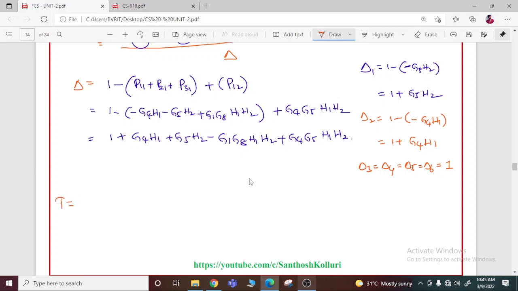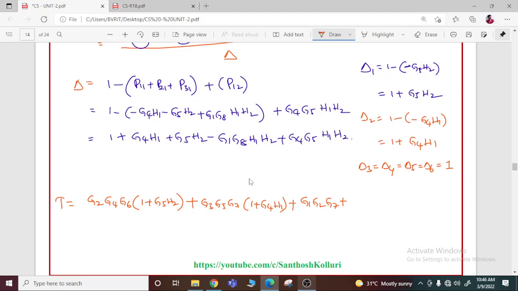T is equal to P1 delta 1, so it will be G2, G4, G6, delta 1 is 1 plus G5H2, plus P2, G3, G5, G7 into delta 2, 1 plus G4H1, plus P3 delta 3, G1, G2, G7 into delta 3 is equal to 1.